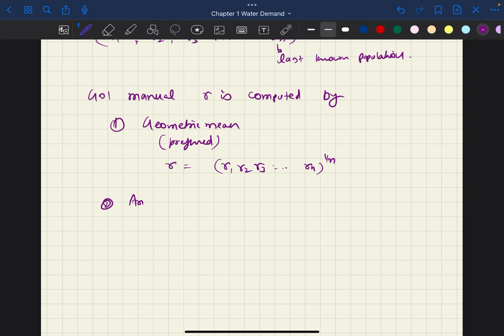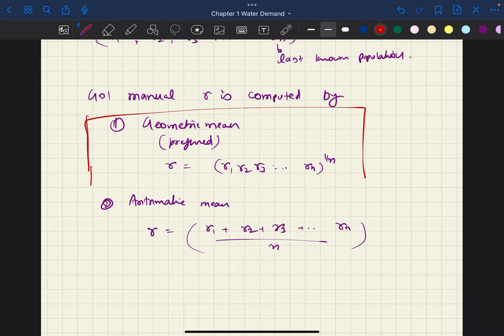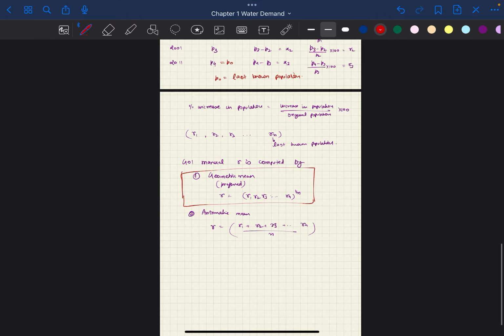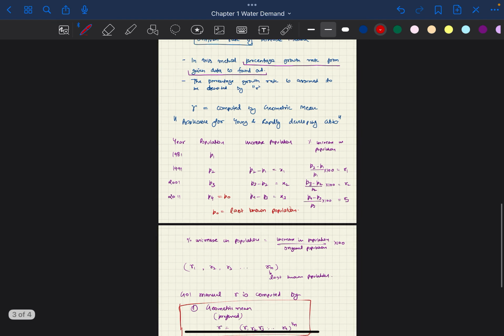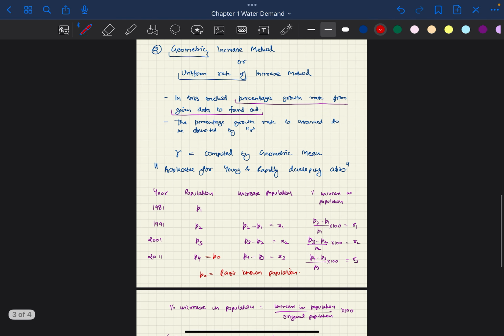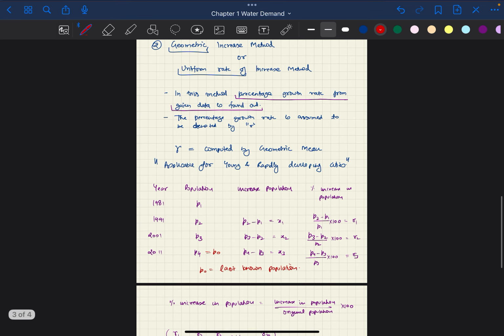Second is arithmetic mean. This is not preferred, but if the question demands that you calculate this percentage increase by arithmetic mean, then you do it like this: R1 plus R2 plus R3 plus so on up to Rn divided by n. Usually you have to prefer geometric mean in the geometric increase method or uniform rate of increase method.